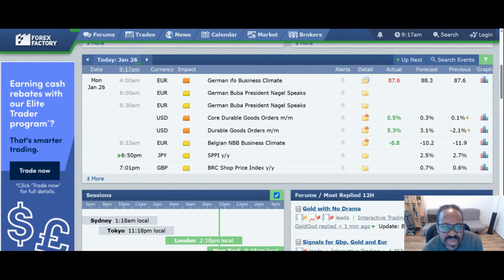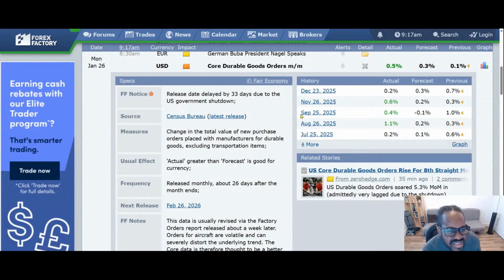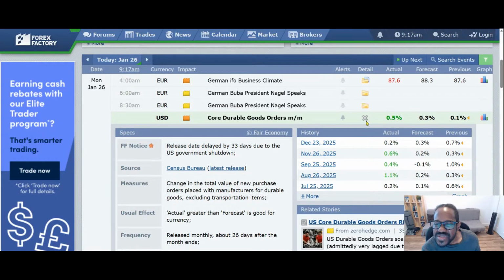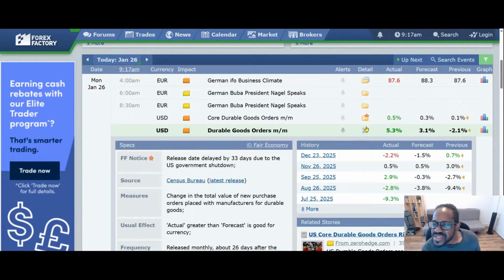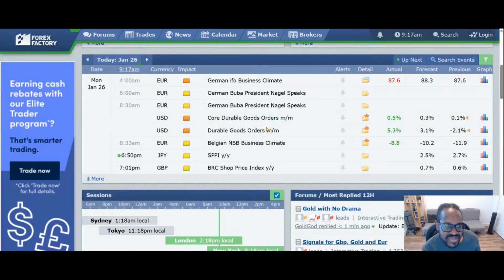Durable goods orders month to month came in at 5.3%, so that's positive. You can click on it on Forex Factory, the best place to look at the news. It says greater than the forecast, that's positive, that's exactly what we have. So positive news overall. Other than that, we don't have anything else.